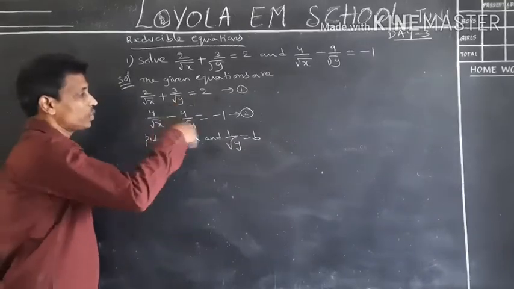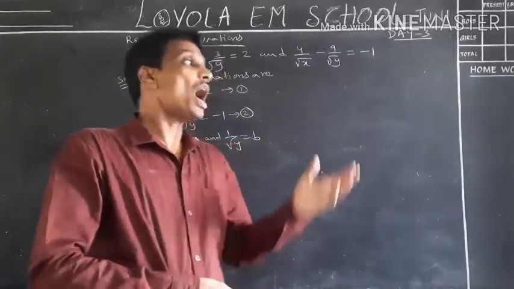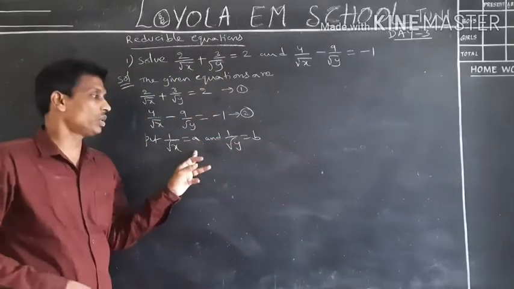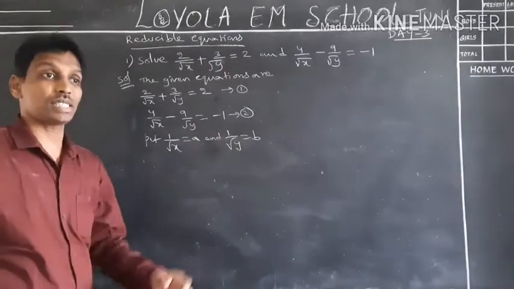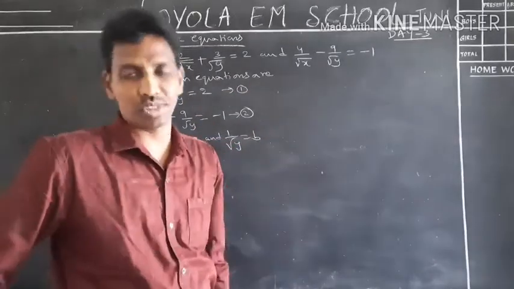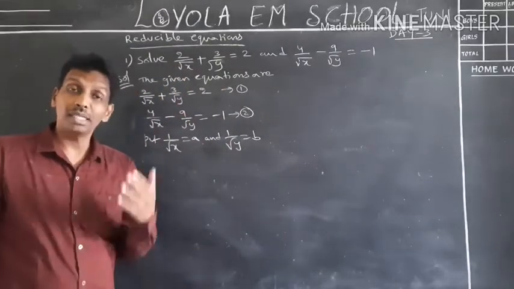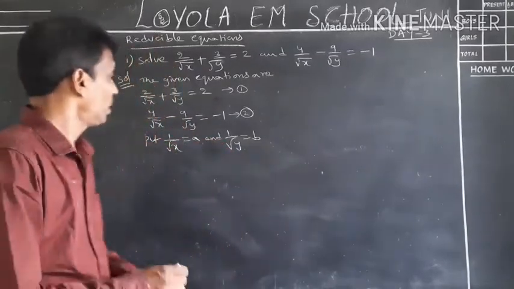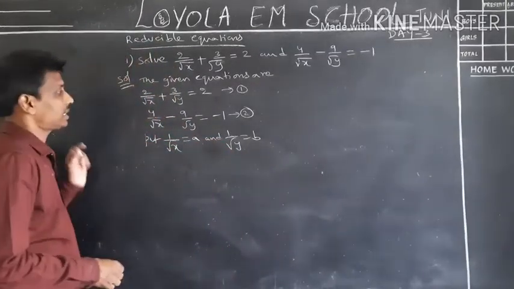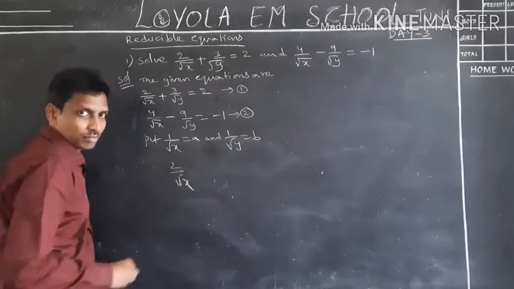That means the given equations are in terms of x and y variables. On substituting 1 by root x is equal to a and 1 by root y is equal to b, the entire given equations change in terms of some other variables. Actually the given variables are x and y, but those variables are converted into other variables. So how does it change? Let us see. 2 by root x is there.